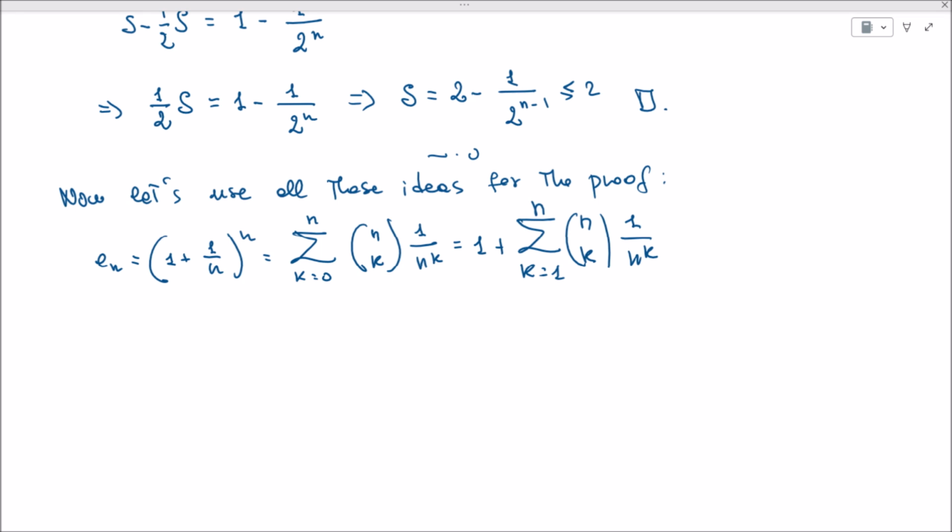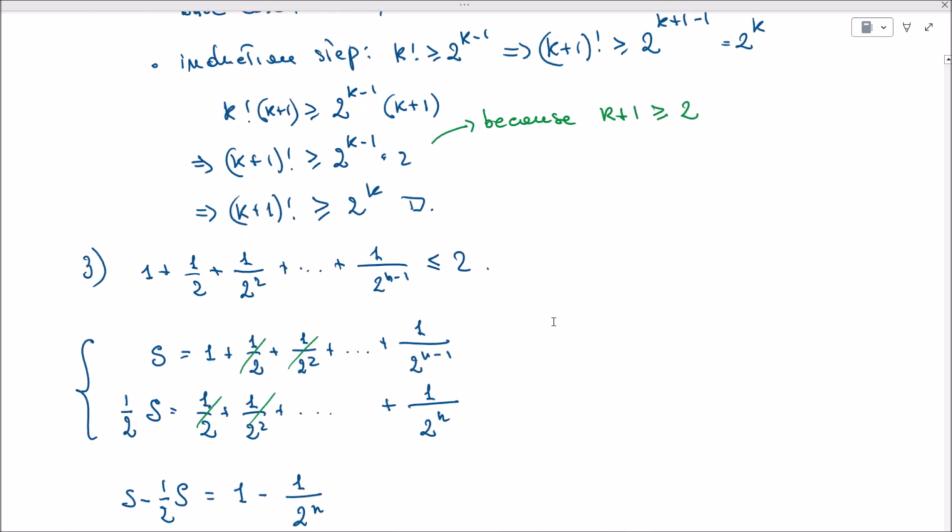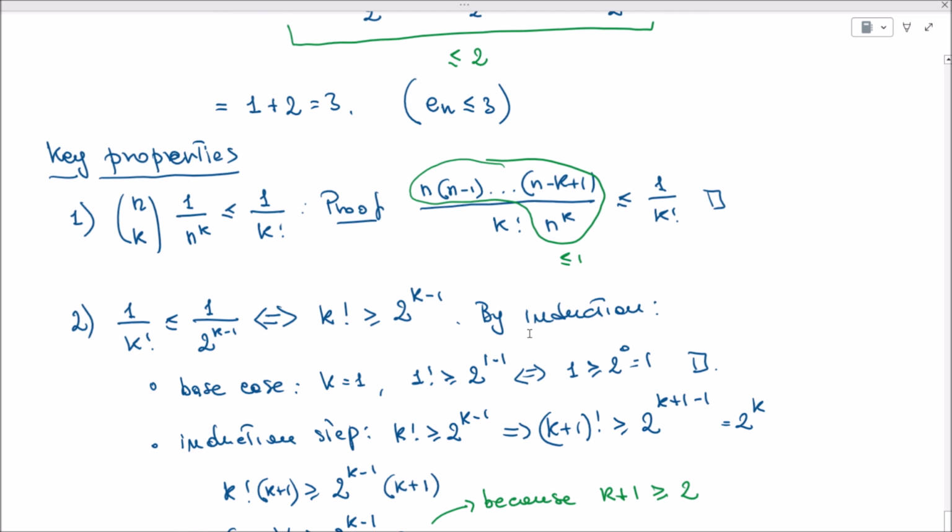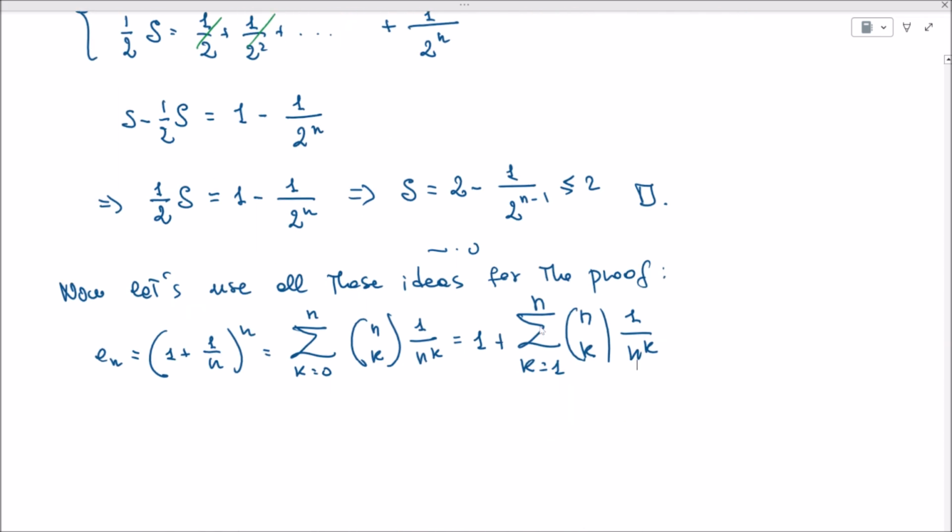And now by using the property number 1, we can write that En is less than or equal to 1 plus the sum k goes from 1 to n of 1 over k factorial, just using the property 1.